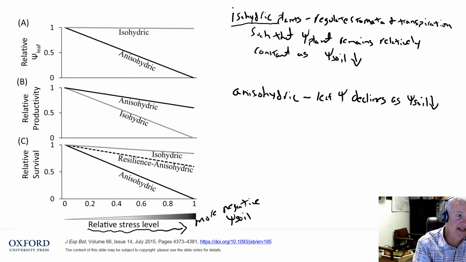Okay, so you can see that in the anisohydric, as soil water potential declines, the anisohydric has a more negative water potential.